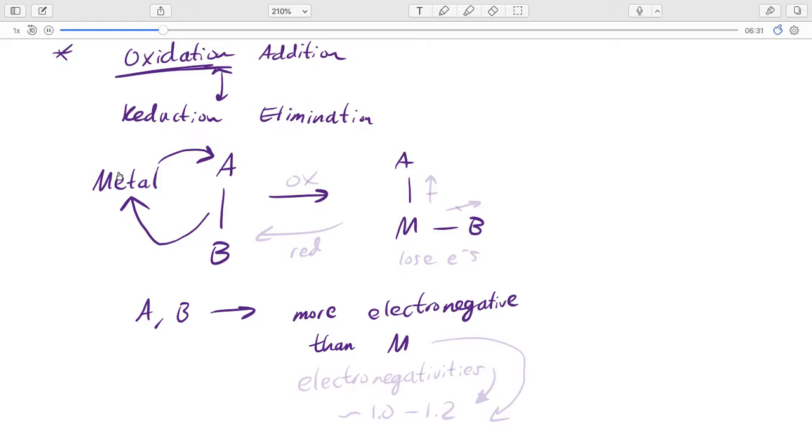So even with the most simple of organic compounds, even hydrogen or boron with like 1.8 and 2.1, they'll pull away electrons from the metal. I'll insert this note in here. Electronegativities are usually from about 1 to 1.2. Alright, so the forward is the oxidation, and then the reverse is the reduction.